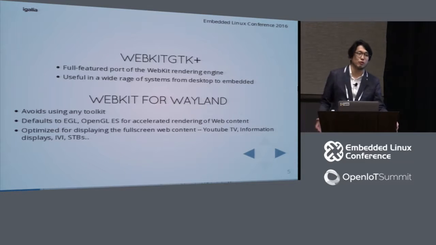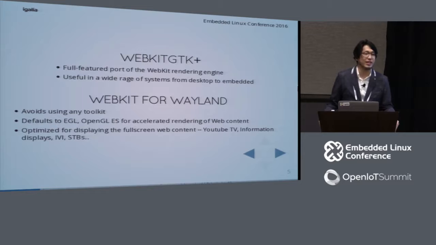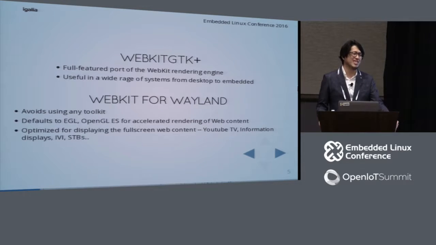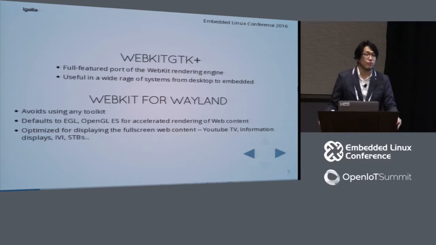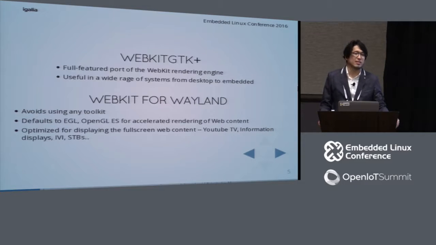That's why Chromium uses so much memory in embedded systems, and it is really hard to cut down the memory uses. Anyway, we chose to avoid using the toolkits, so it is less functional, but it is quite fast and quite lightweight. It is totally focused on embedded systems with OpenGL.